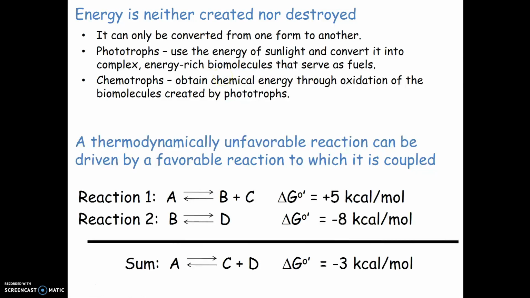Okay, so note that that energy is just a flow and we still maintain the same energy. And chemotrophs obtain chemical energy through oxidation. So let's think about this. The plants take our energy from the sunlight, convert it to our amylose and amylopectin that can be used for us as chemical energy through oxidation of those biomolecules.